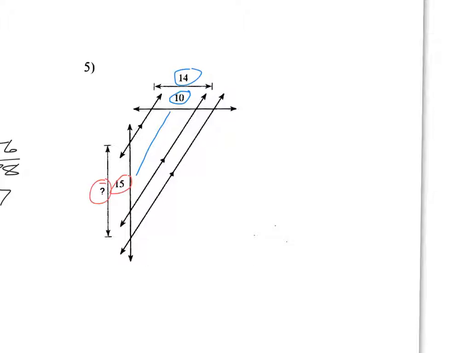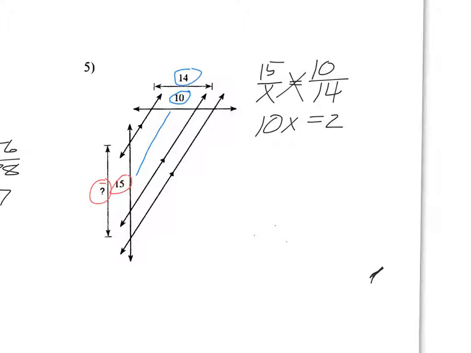So now I can set up my proportion. Part over whole. What I'm looking for is part 10 over whole 14. So cross multiply: 10x equals 14 times 15, that's 210. Then divide both sides by 10, and that's going to give me x is 21.